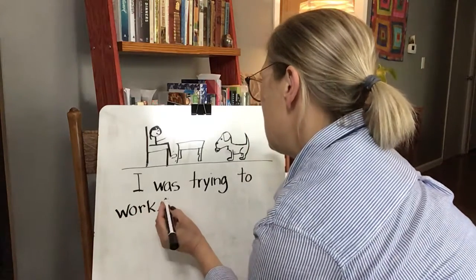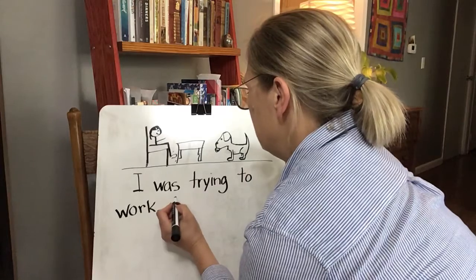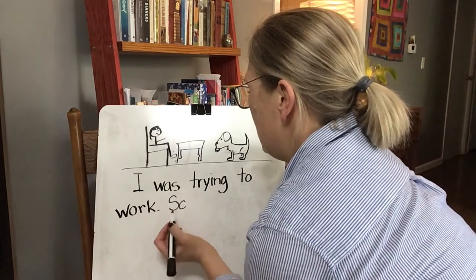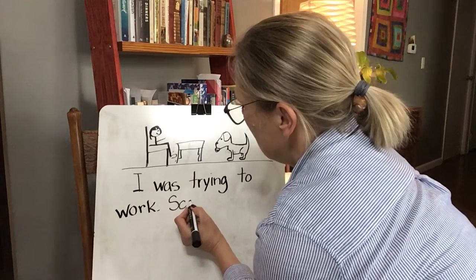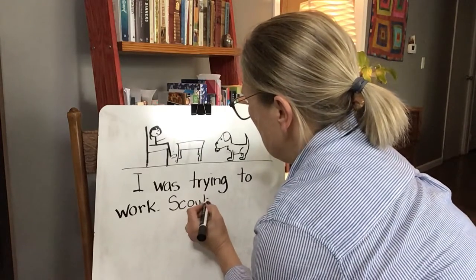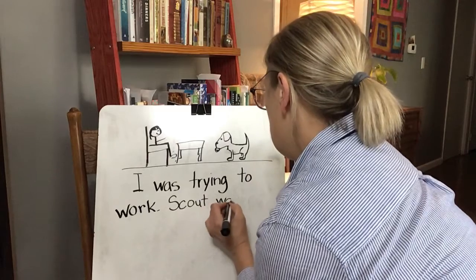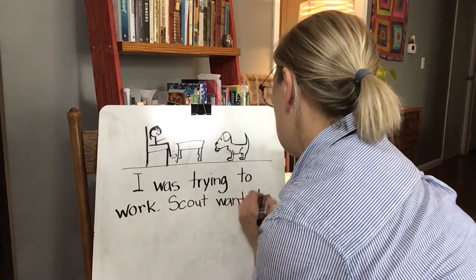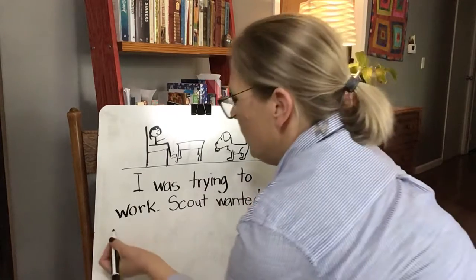Scout wanted to play. That could be a C or a K, but I know in his name it's a C. Scout wanted. I'm stretching out those sounds. Wanted to play.